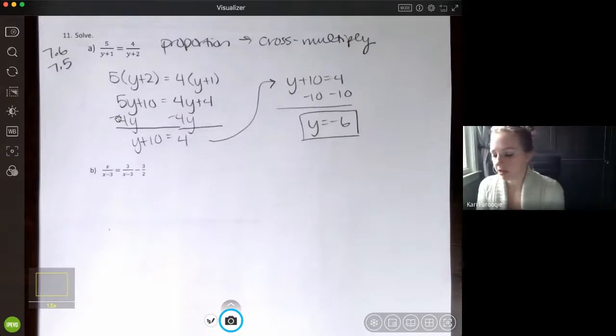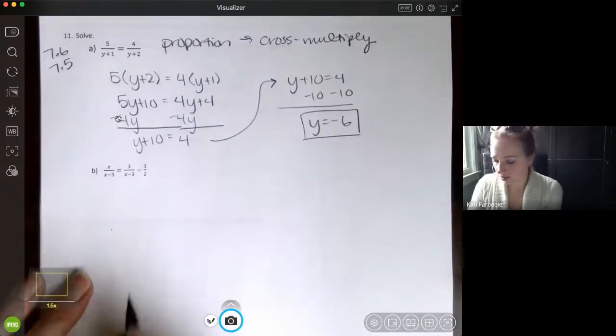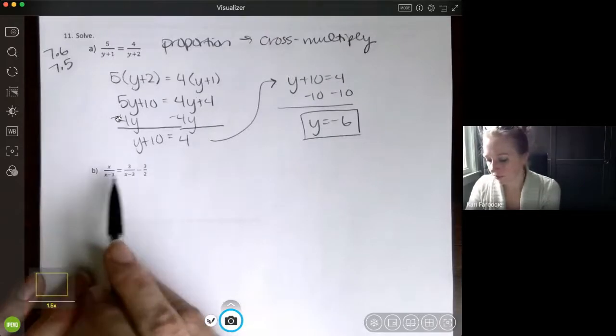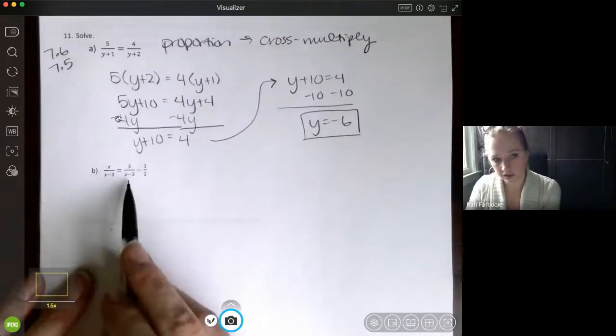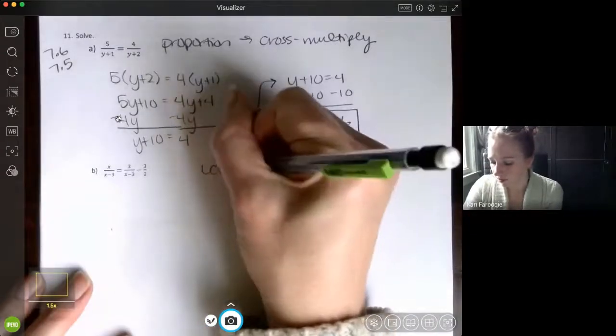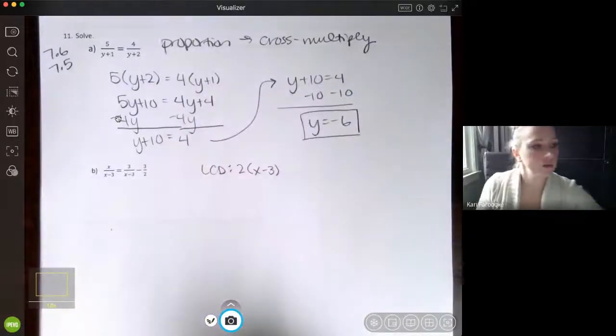Now 11b is a little bit more interesting, but still not a whole ton going on here. When you multiply by the LCD, we're looking at these fractions and trying to find the least common denominator. You have x minus 3 in 2 denominators, and then you have a 2 in the other denominator. So your LCD is going to be 2 times x minus 3.